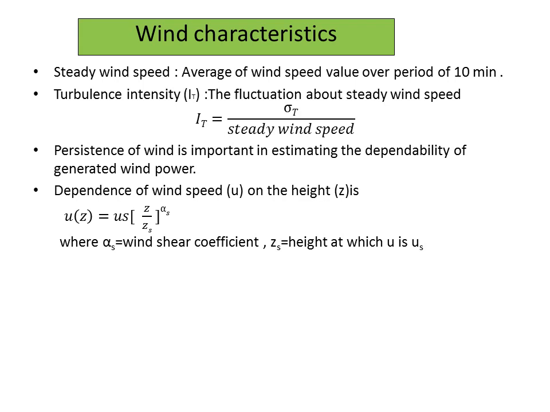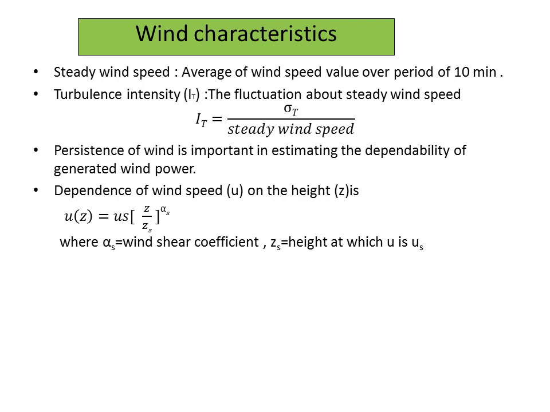Another characteristic is persistence. Persistence of wind is important in estimating the dependability of generated wind power. The dependence of wind speed on height is given by the formula U(z) = Us (z/zs)^alpha_s, where alpha_s is the wind shear coefficient and zs is the height at which the wind speed is Us.